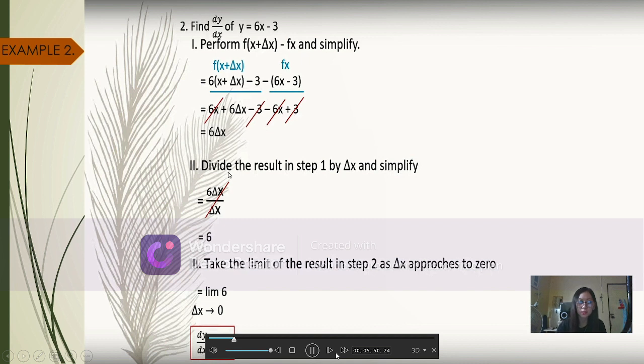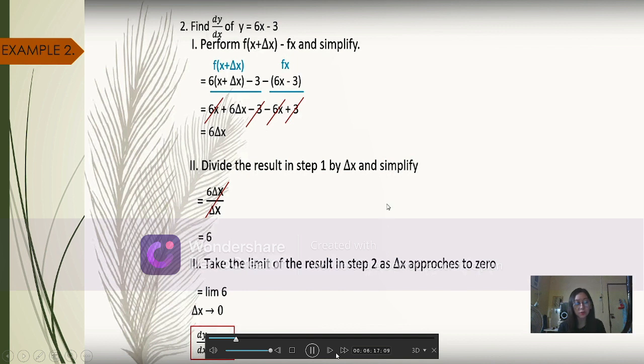So, step 2. Divide the result in step 1 by delta x and simplify. So, ganun ulit yung gagawin natin. Kunin natin yung sagot natin sa step 1, apply natin siya dito sa step 2, then i-divide natin siya sa delta x. So, cancel ulit yung delta x. Ang matitira ay 6. So, step 3. Take the limit of the result in step 2 as delta x approaches to 0.